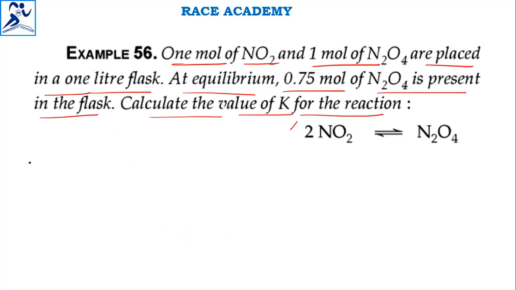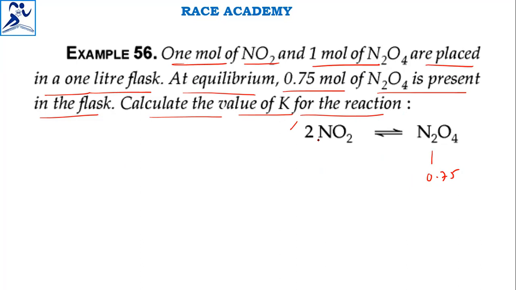Here, for the given equation, we can take the expression. The equilibrium moles given is 0.75. Initially it is 1, but it became 0.75. So 1 minus 0.75 is nothing but 0.25. That means alpha is 0.25.